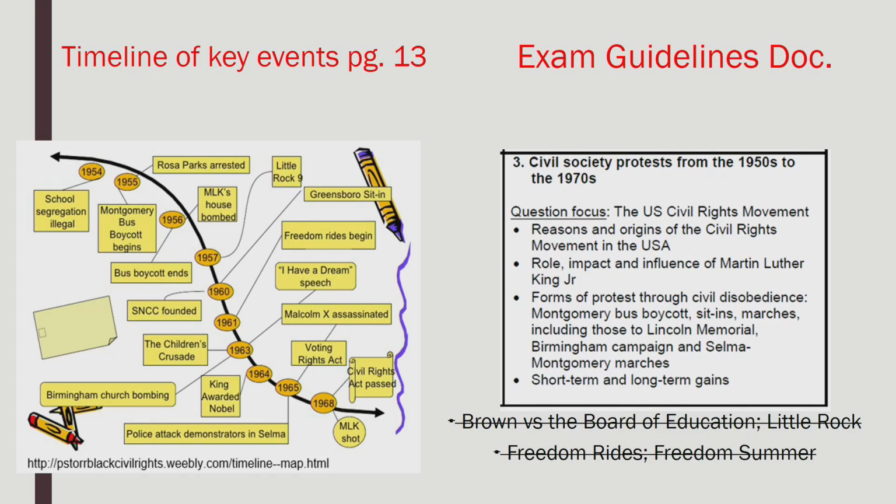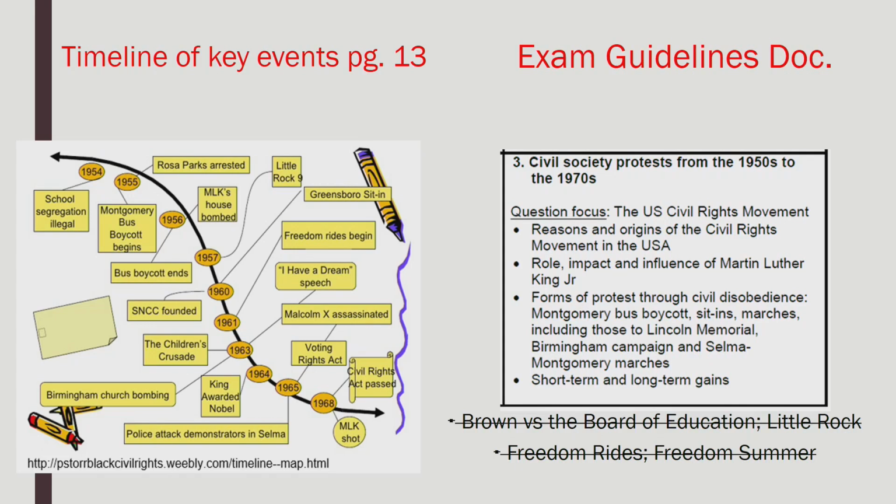It breaks it down usually according to your various papers. So history has details about paper 1, paper 2, and I've actually taken an extract directly from this exam guidelines document, and it indicates to us what the required content is for the essay on the Civil Rights Movement. I want you to look at this content very carefully with me, grade 12s. It says civil society protests from the 1950s to the 1970s.